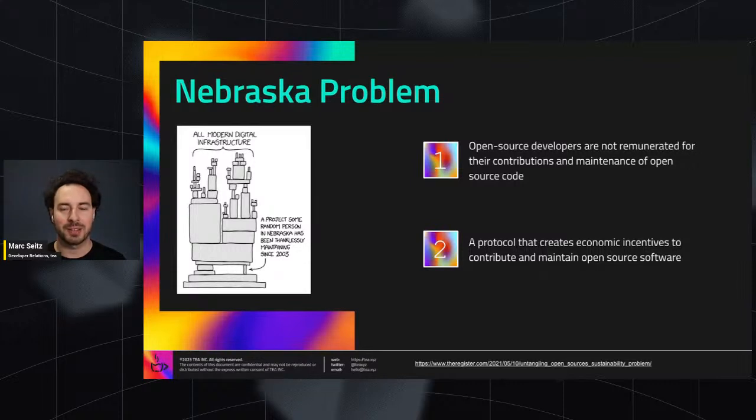So these large Fortune 500 companies are using open source software, but they don't really know that it's there. And more awareness is being made, but we're still a far cry away from having open source maintainers really earn a living wage off of the contributions that they make to the open source ecosystem.